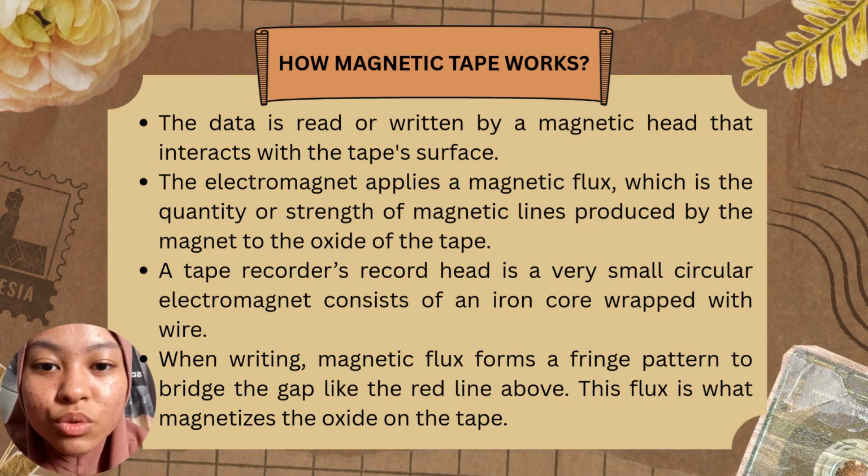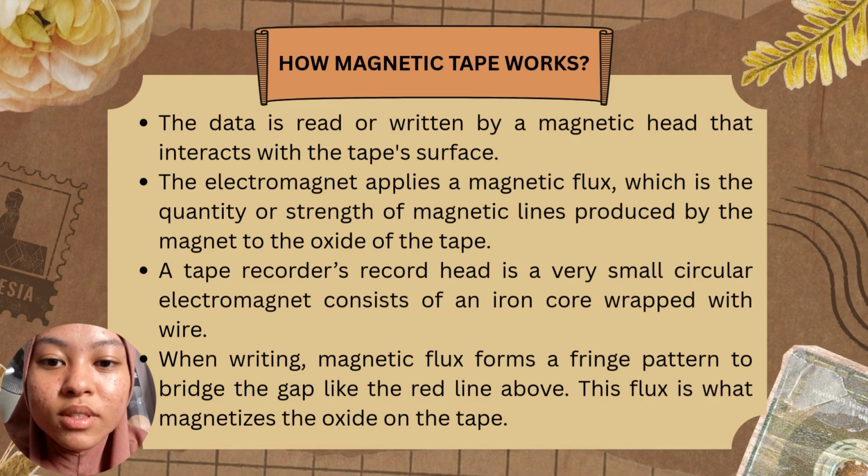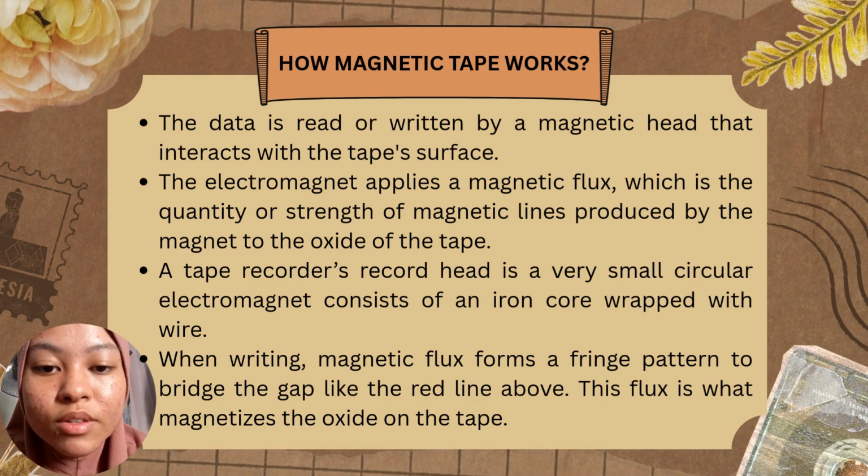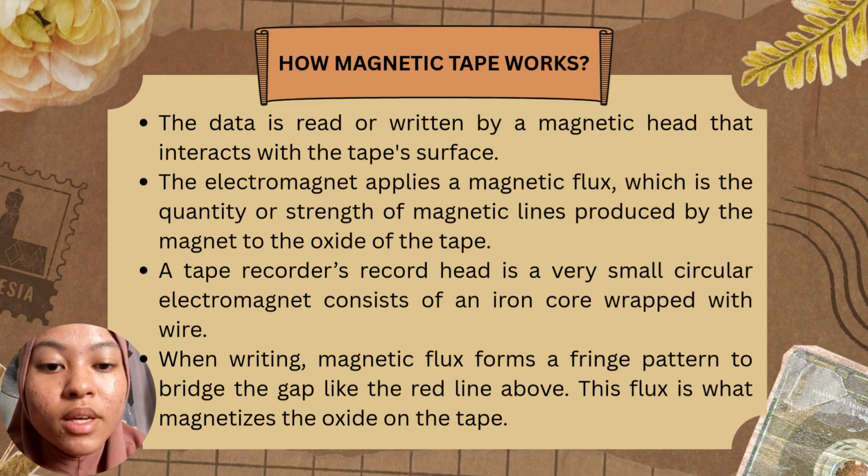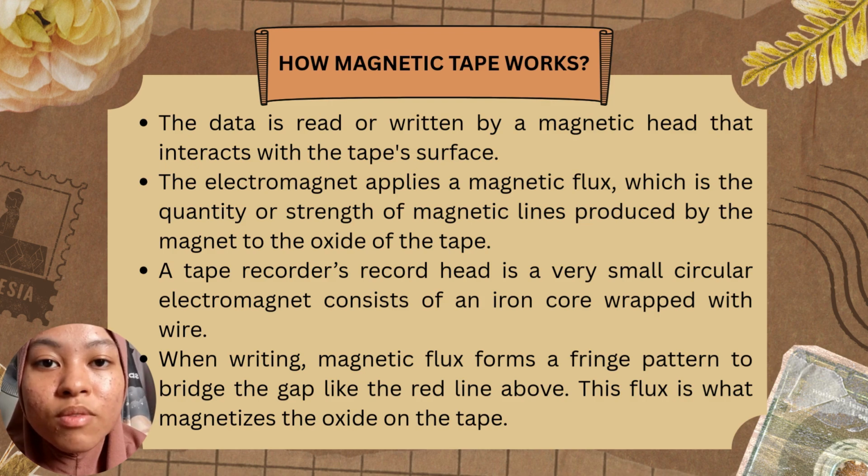So, moving on to how magnetic tapes work. The data is read or written by a magnetic head that interacts with the tape surface, and the electromagnet applies a magnetic flux, which is the quantity or strength of magnetic lines produced by the magnet, to the outside of the tape.